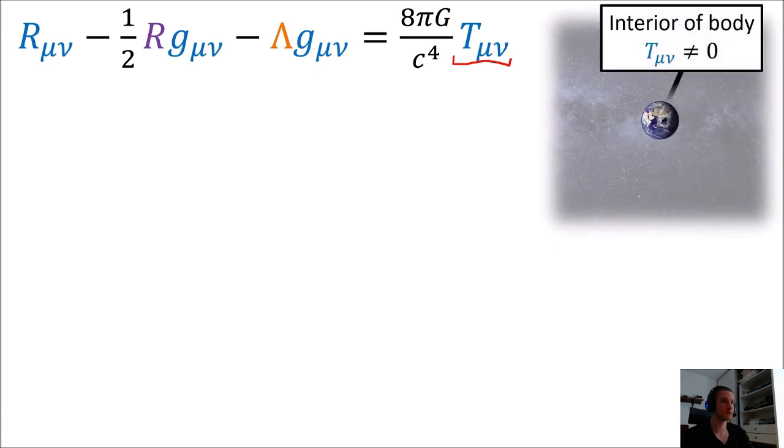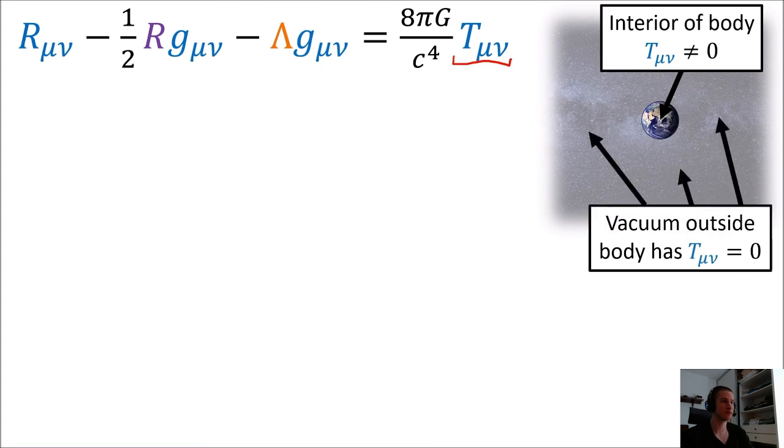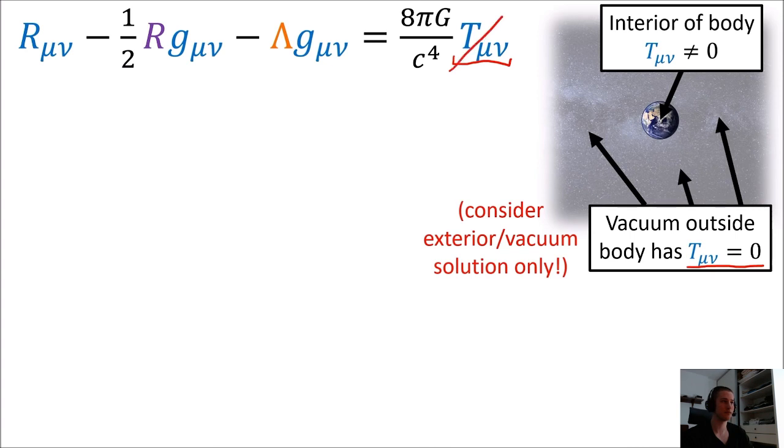Well, we know inside the Earth we have mass and pressure, so the energy-momentum tensor inside the Earth is non-zero. But outside the Earth, we can assume spacetime is approximately a vacuum, so the energy-momentum tensor is zero. In this video, we're just going to focus on spacetime in the exterior vacuum region only. So we're going to set the energy-momentum tensor in the Einstein field equations to 0.